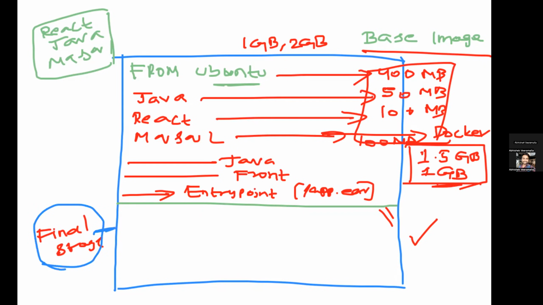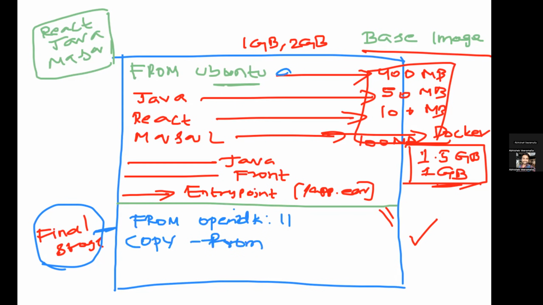Using this multi-stage Docker build concept, you can avoid this problem, because in the final stage, because the final image is just a Java runtime environment, I'll say FROM OpenJDK colon 11 or 12 or latest, whatever version of the image you want to use. From OpenJDK, just copy from the base image.